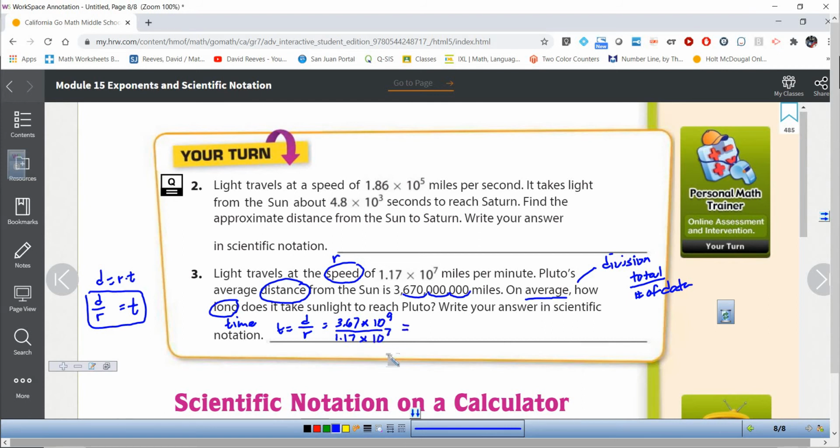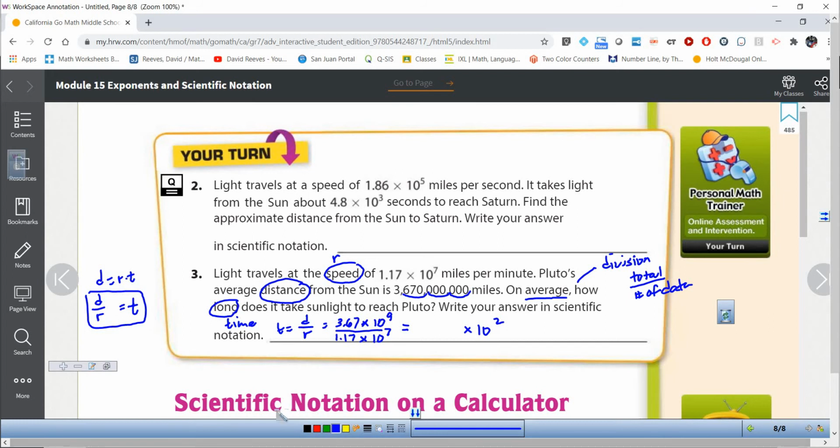And remember the great thing about multiplication and division is we don't have to worry about common denominators, so to speak, or common powers. We can just do this. So what is the operation we use for the powers in a division problem? We subtract, and we get 10 to the second power.